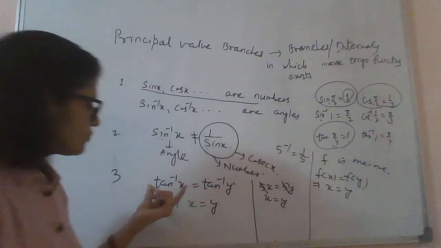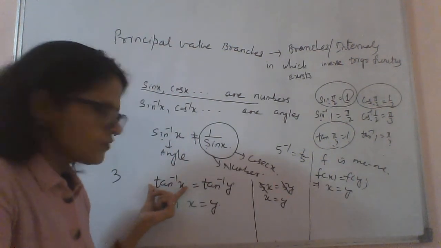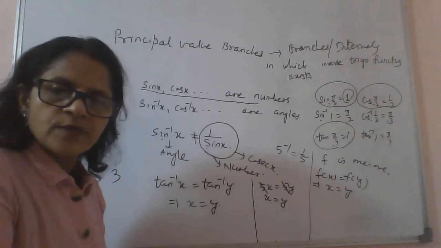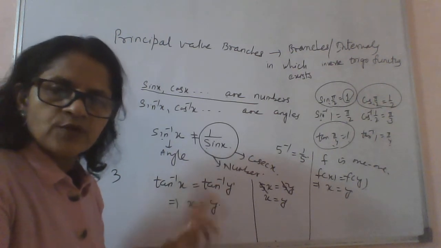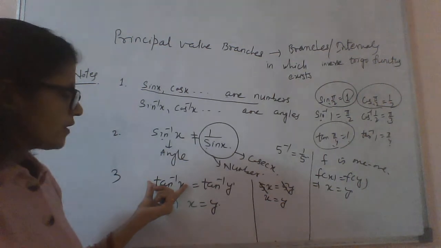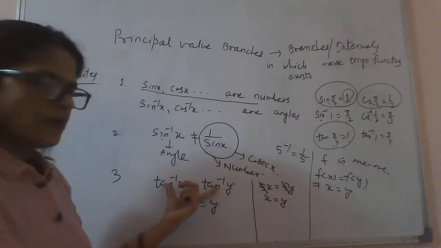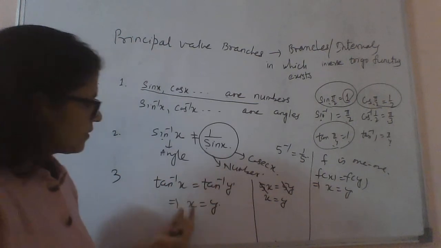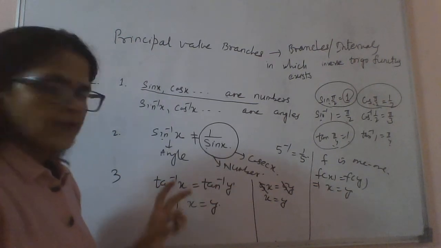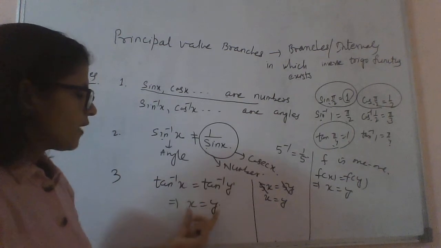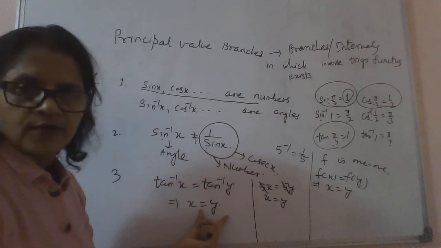So we take the tan inverse function; you can take sine inverse, cos inverse, cosec inverse, any inverse function. Whenever we write tan inverse x equal to tan inverse y, this function being 1, 1, distinct pre-images have distinct images, and if images are equal, pre-images will be equal.